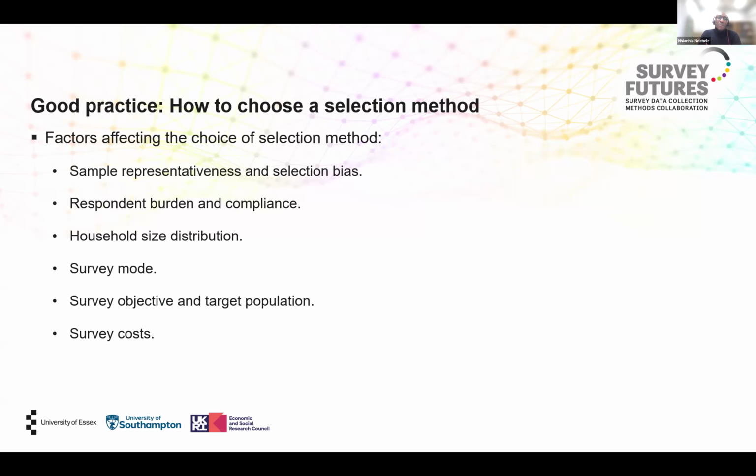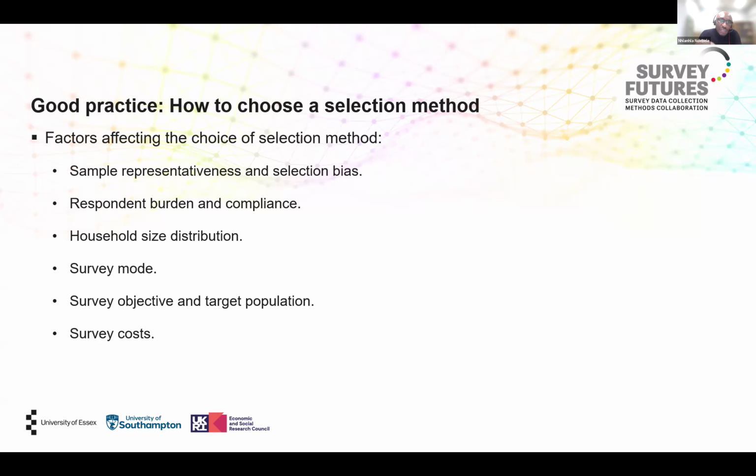Now, in terms of good practice, the first part that we need to think about is how to choose the method that you want to use for your survey. There are several factors that we have to take into account in the process.